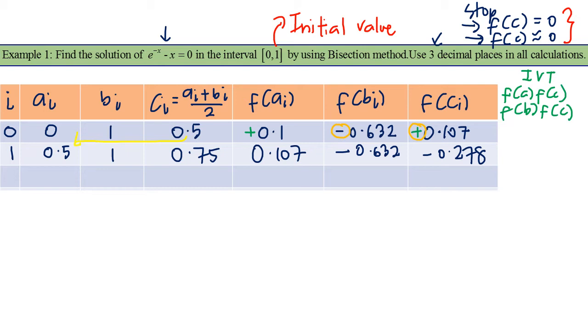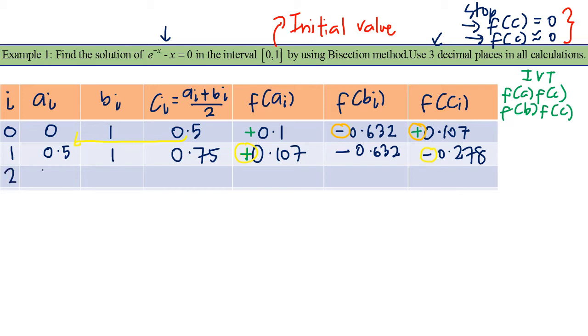Now check: FA is positive, and FC is negative. Yes, now A and C satisfy the condition of the intermediate value theorem. So what happens in the next iteration, which is 2?